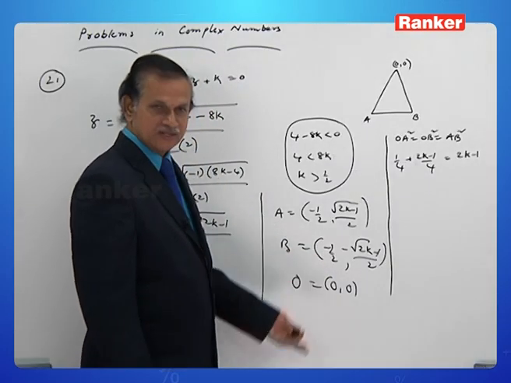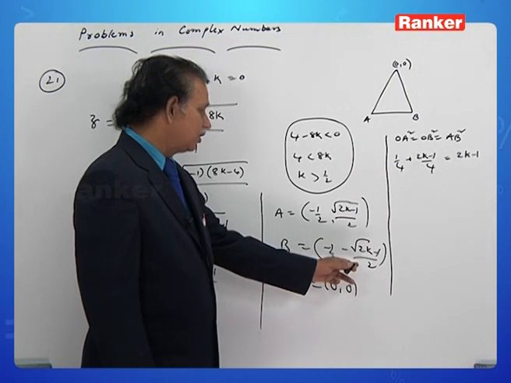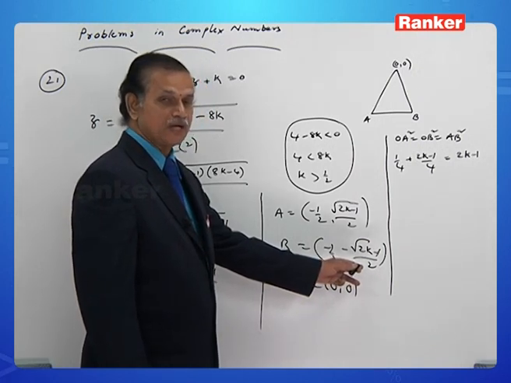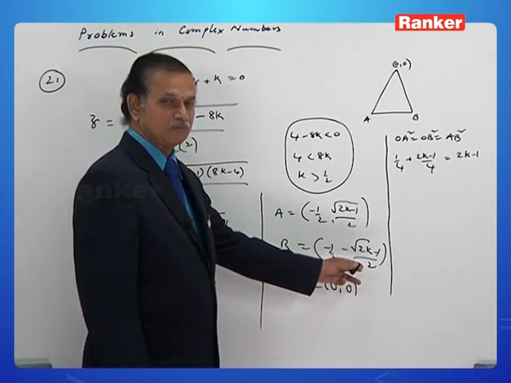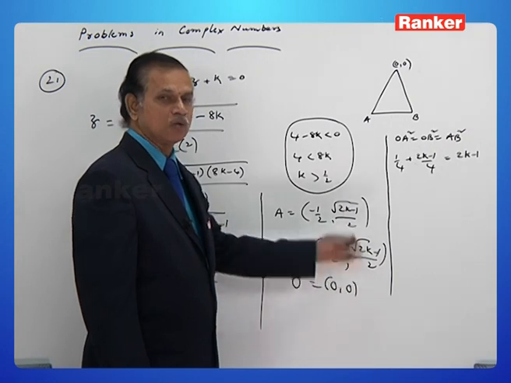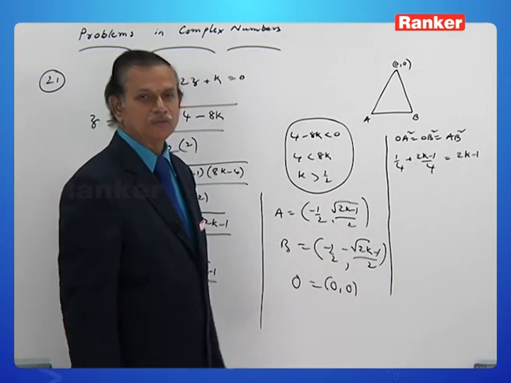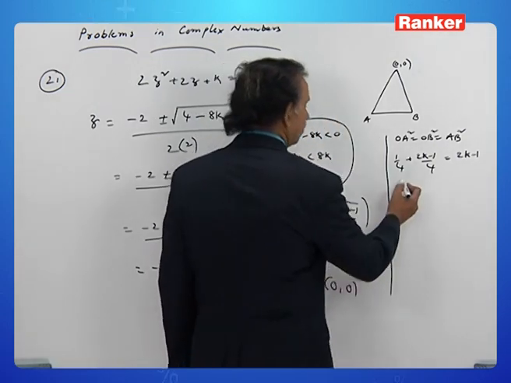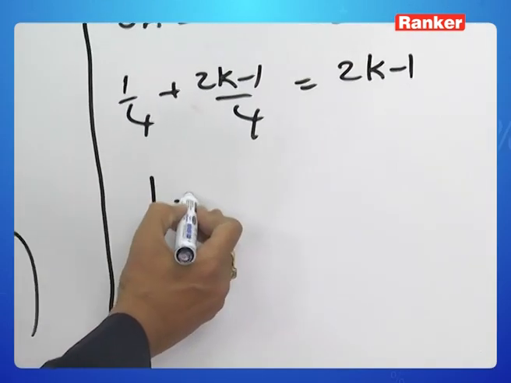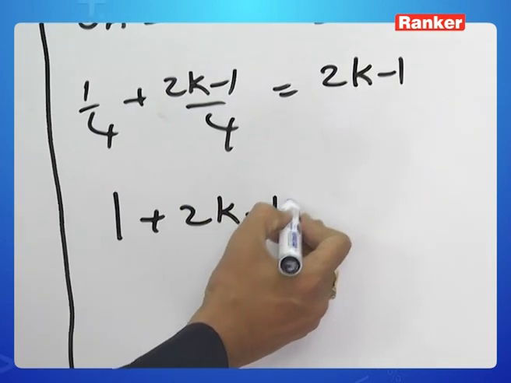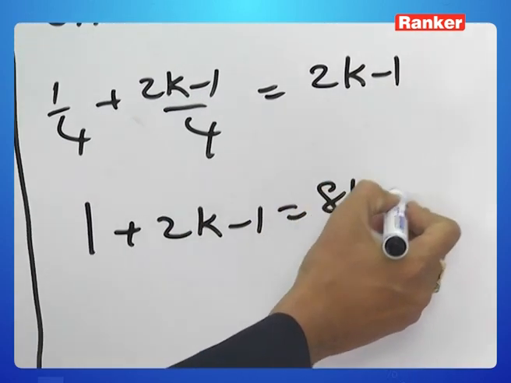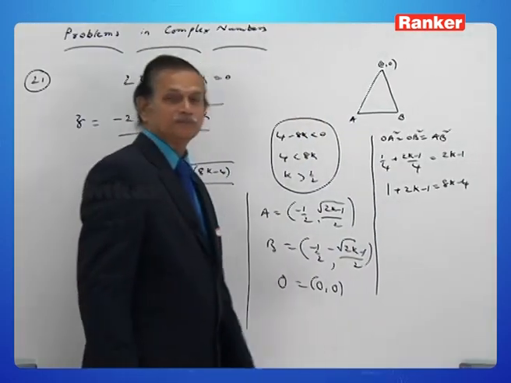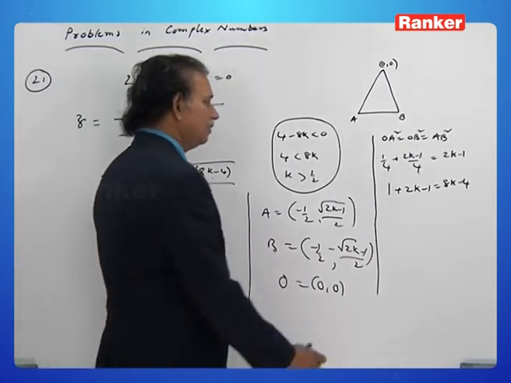This minus this, whole square is 0. This minus this is root 2k minus 1 by 2 plus root 2k minus 1 by 2, which is root 2k minus 1. Whole square is nothing but 2k minus 1. Multiply with 4. What is going to happen? 1 plus 2k minus 1 is equal to 8k minus 4.